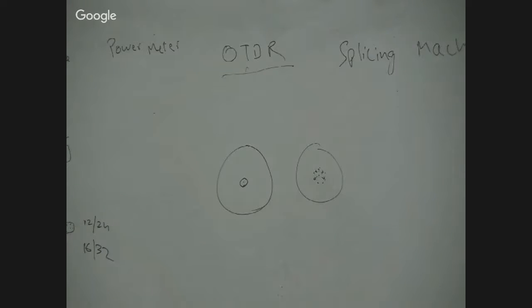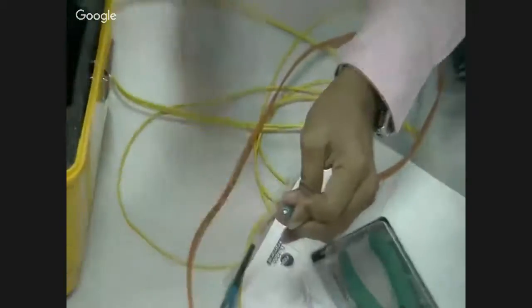It's called the concentricity, how exactly at the center it is of the ferrule. So I'll show you what is the core and what is the ferrule. The outer part is called the ferrule, and the exact center is the core.